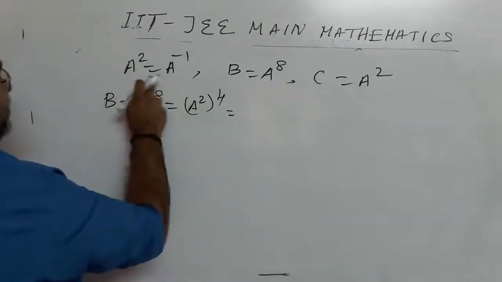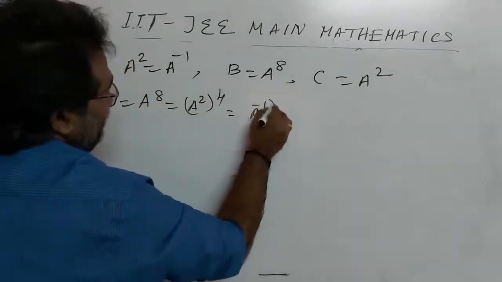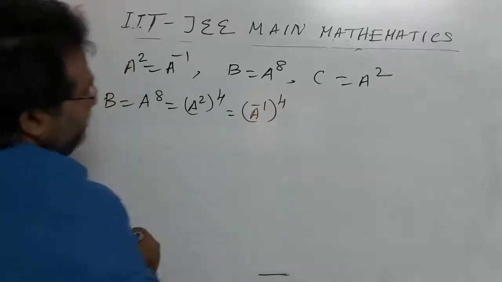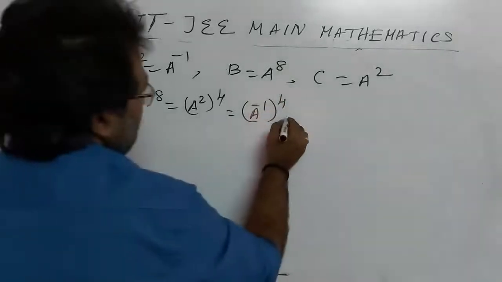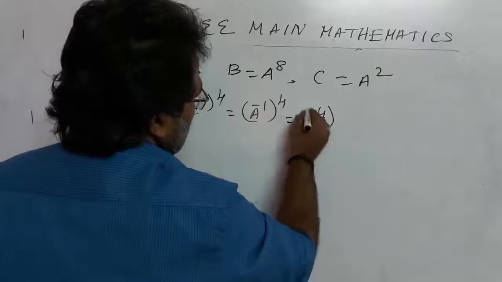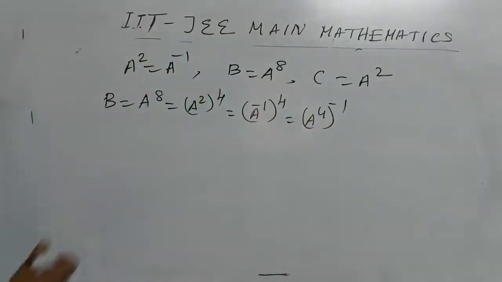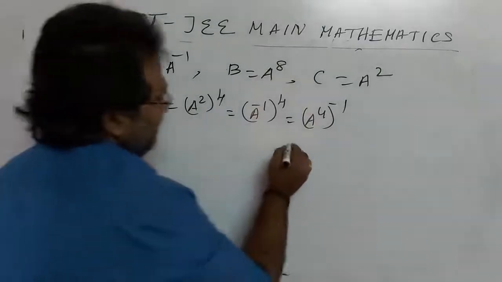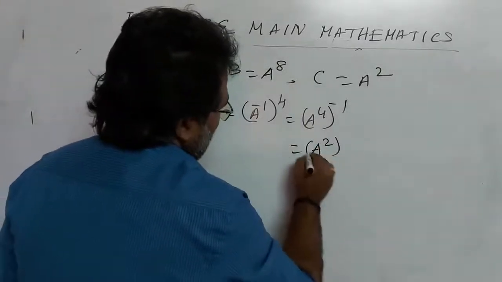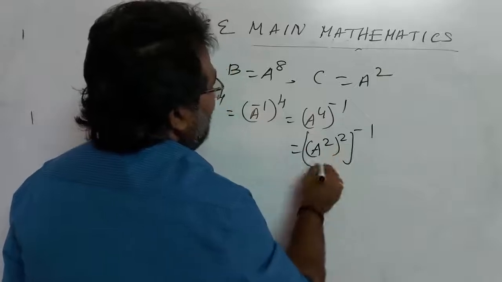But in place of A squared you have A inverse whole power 4. This can be written as A power 4 whole power minus 1, A squared whole power minus 1.